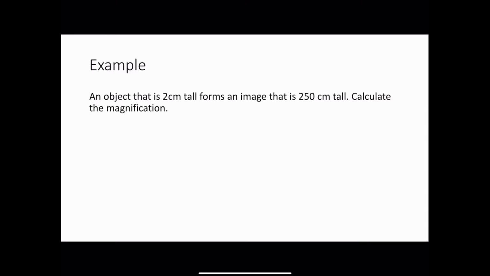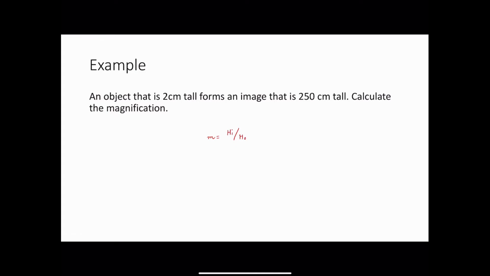Okay, so example number 1 says that an object that is 2 centimeters tall forms an image that is 250 centimeters tall. Calculate the magnification. First thing, I'm going to write down my magnification equation. M equals HI over HO.